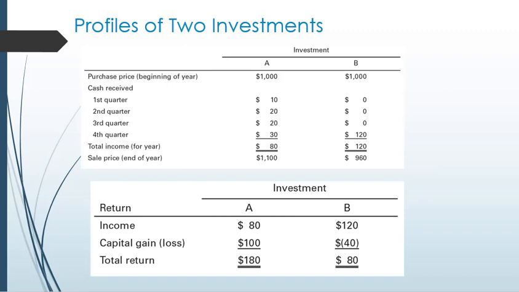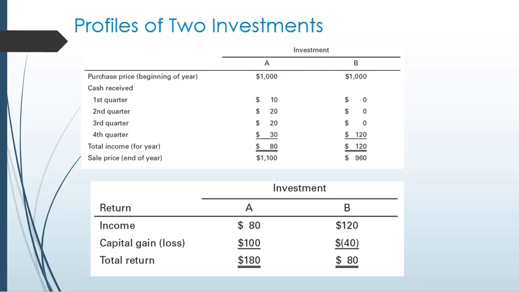You have two investments here, both of them cost $1,000. They have different types of cash flows during the investment period, and of course they have ending prices. So how do we determine the value or the total returns? So for this particular investment, the income was $80 for asset A. The capital gain was $100.